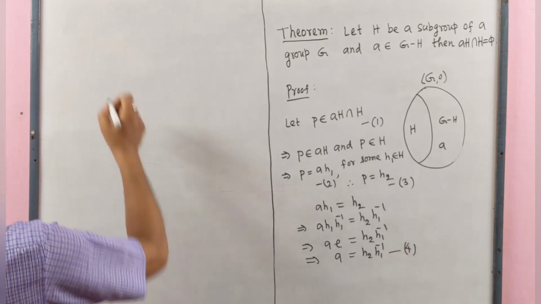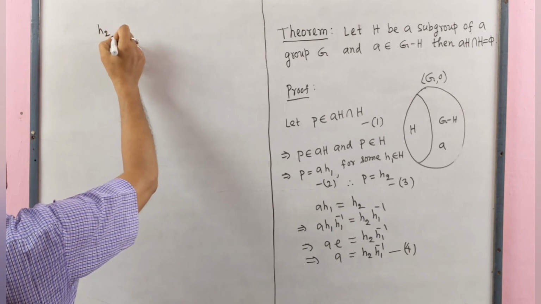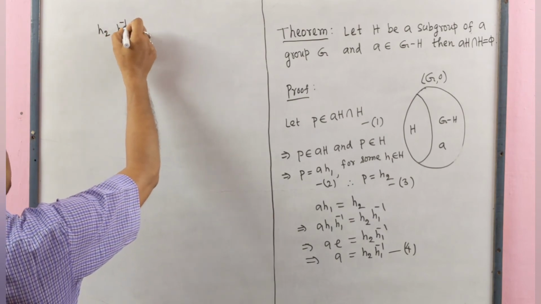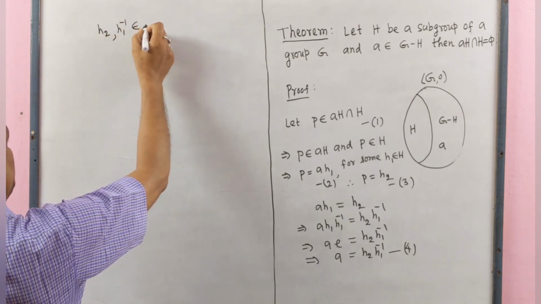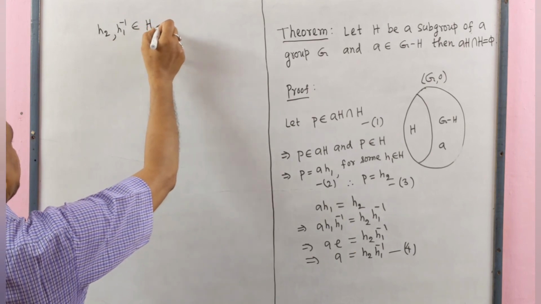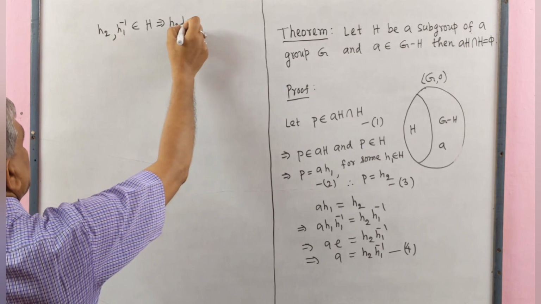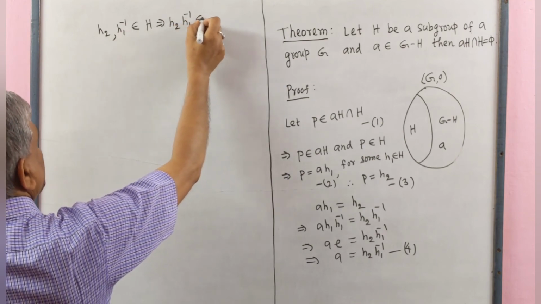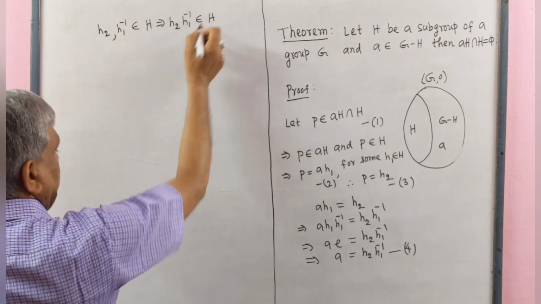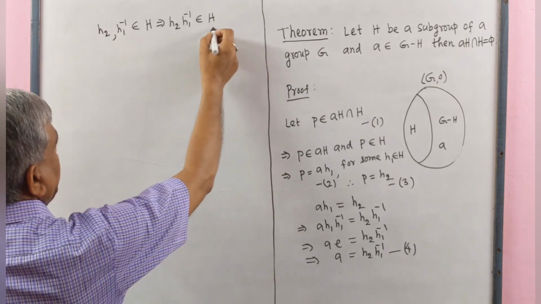Since h2 and h1 inverse belong to subgroup H, implies that h2h1 inverse belongs to H by closure property. This is number 5.